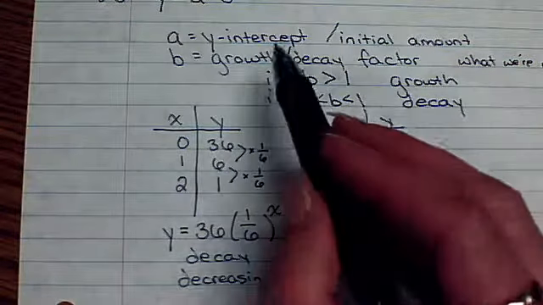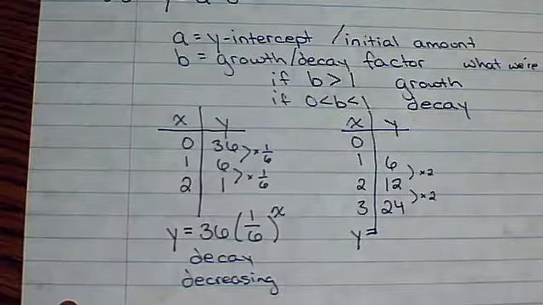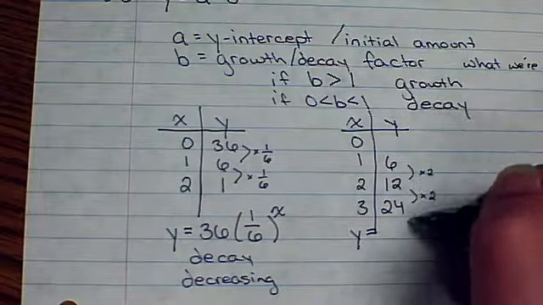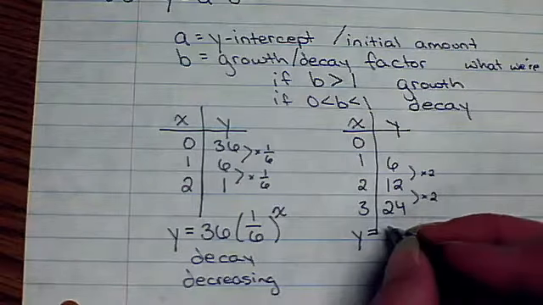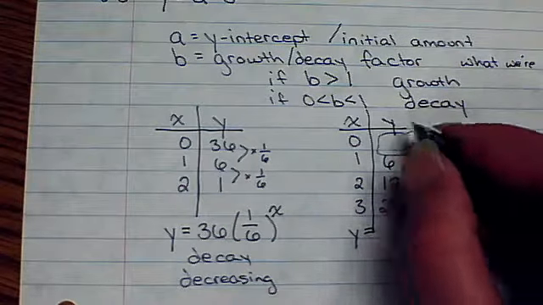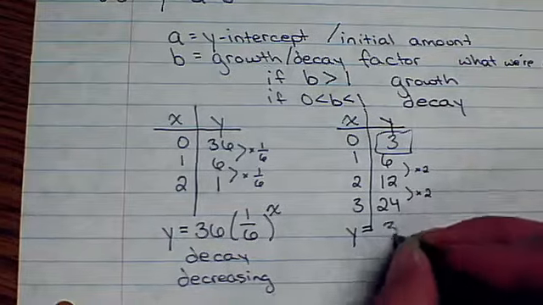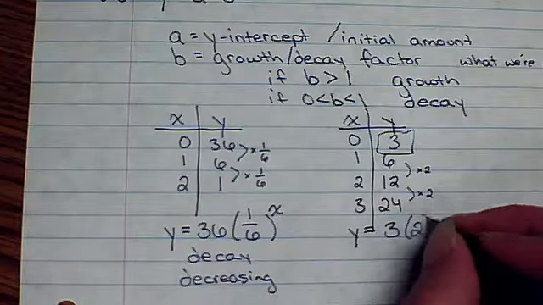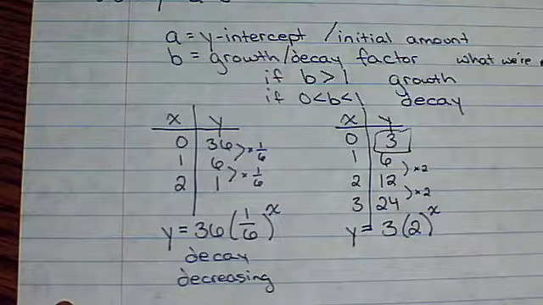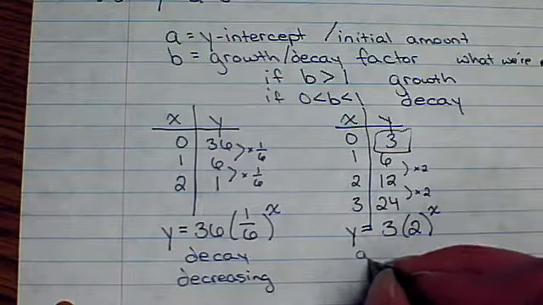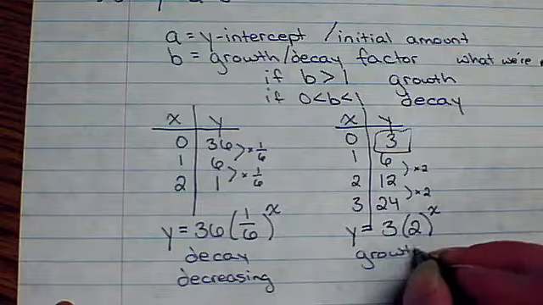I need the y-intercept, that initial amount. So if going this way we're multiplying by 2 each time, then the opposite way would be to divide by 2. That means that this missing part would have to be a 3. Multiplying by 2 each time, that gives me y equals 3 times 2 to the x. This would definitely be a growth.